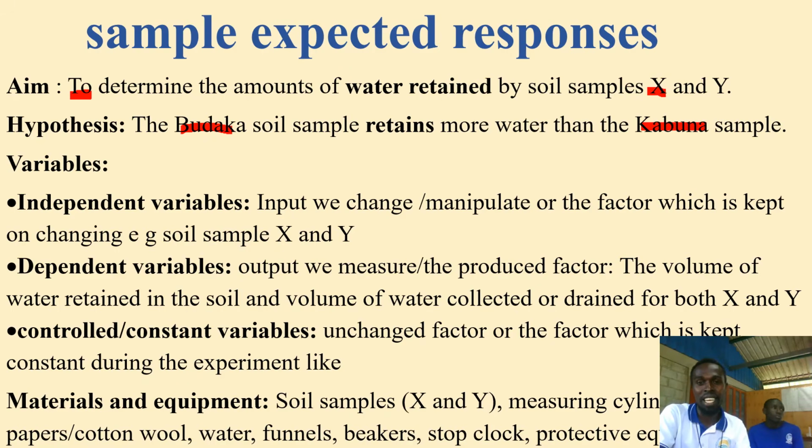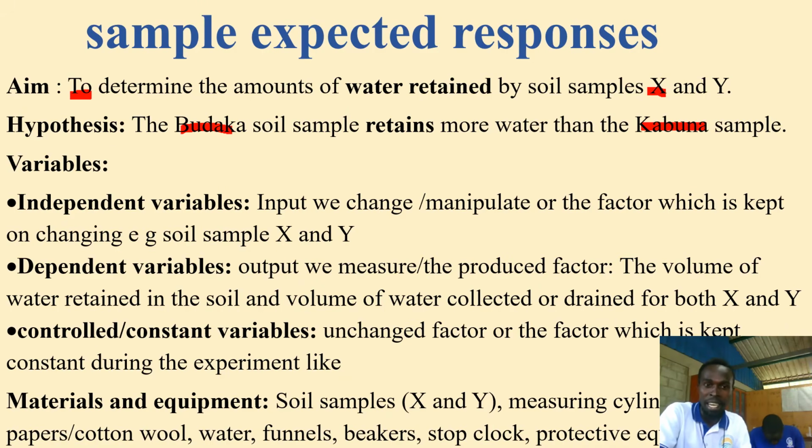Another one may say, to determine the water retention or the water holding capacity of soil samples X and Y. You are also very right. Now, that is done. If you have any question, keep watching the video until you find the sense in what I've explained on the aim.